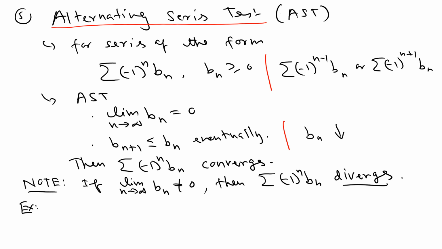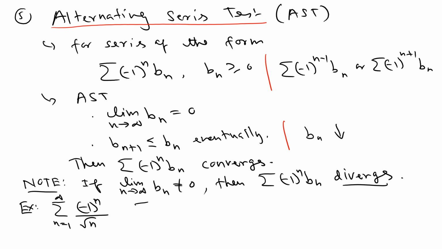So try these. Let's say the sum from n equals 1 to infinity of (-1)^n over the square root of n. Of course, you can see this is of the right form, so it's a candidate for the alternating series test.